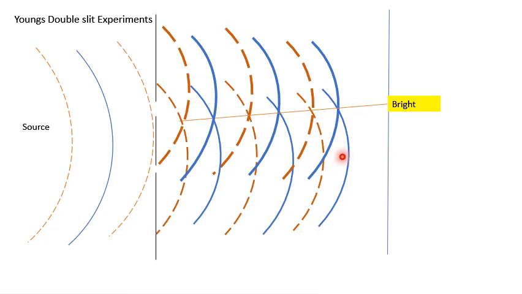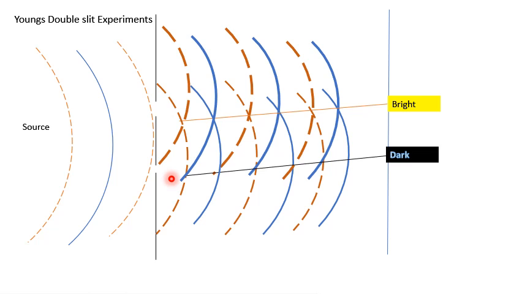When they travel in a medium, there are a few points where crest overlaps crest and trough overlaps trough. As you see here, at these points the crests and troughs overlap each other, and on the screen we find a bright fringe. Why? Because when crest overlaps crest and trough overlaps trough, the intensity becomes maximum.